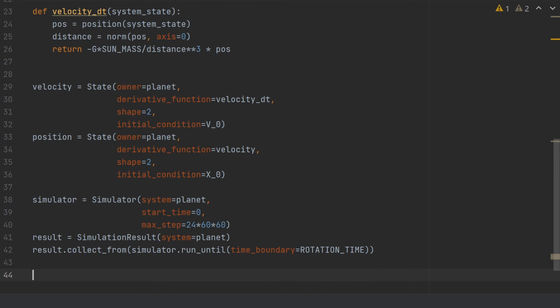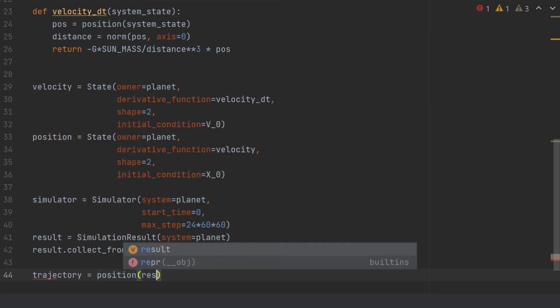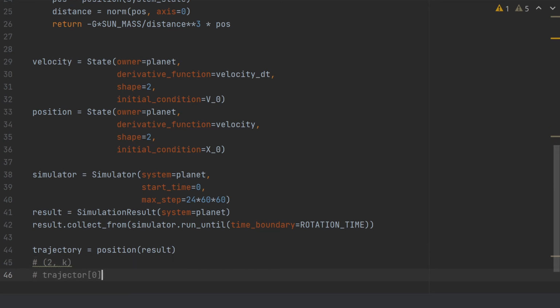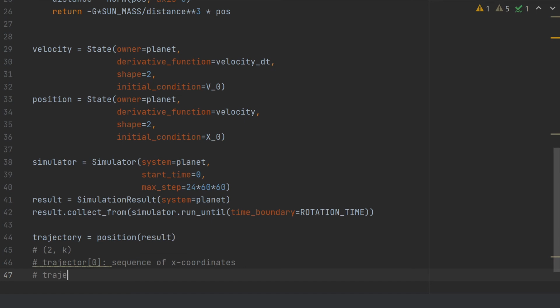And now if we want to plot the trajectory, so we want to have on the x-axis the x-coordinate and on the y-axis the y-coordinate, we get our trajectory from the result. So this now is a vector of shape 2, k. So trajectory 0 is the sequence of x coordinates, and trajectory 1 is the sequence of y coordinates.